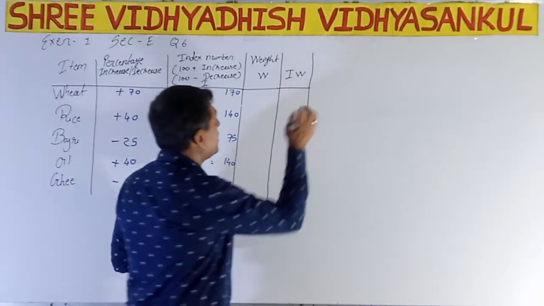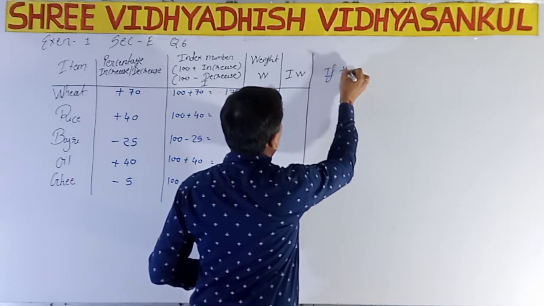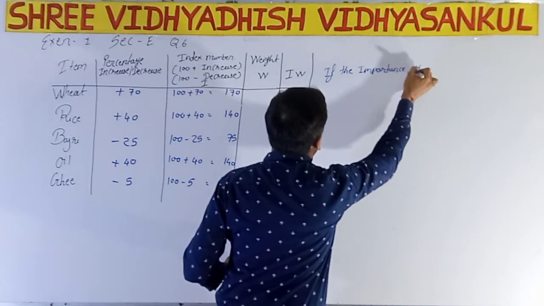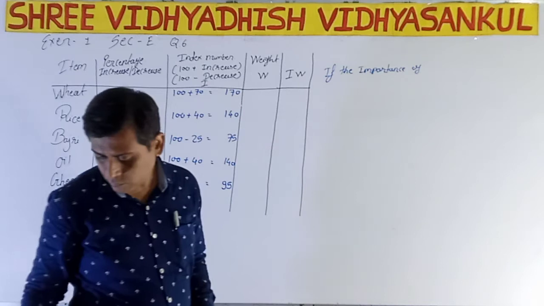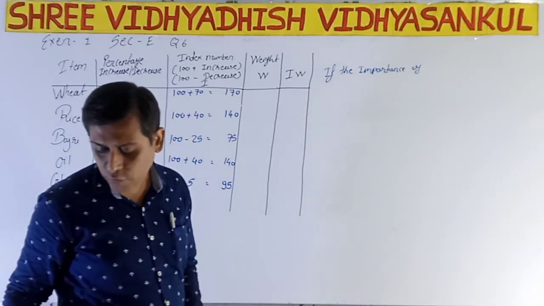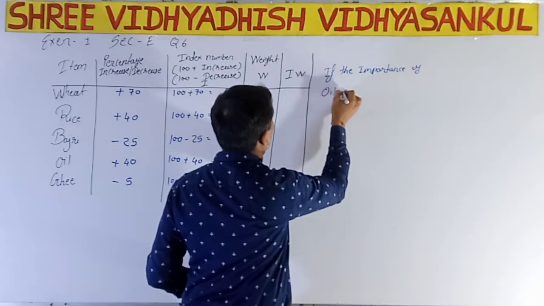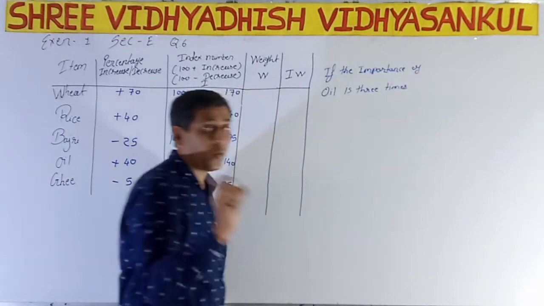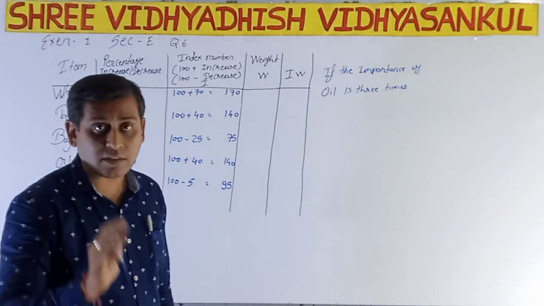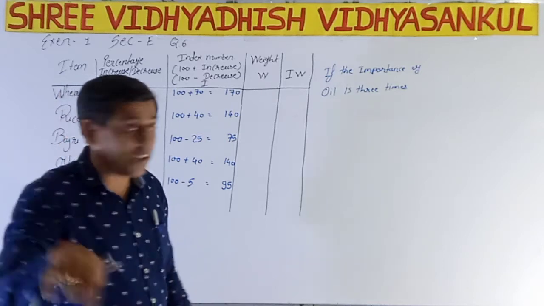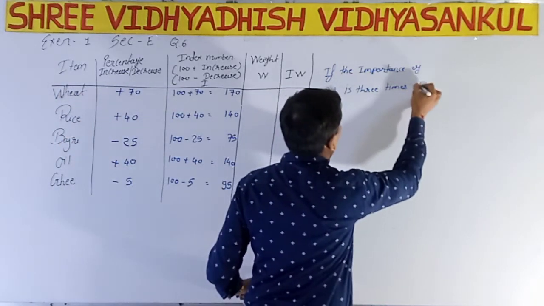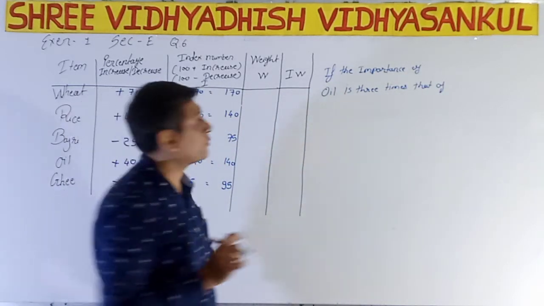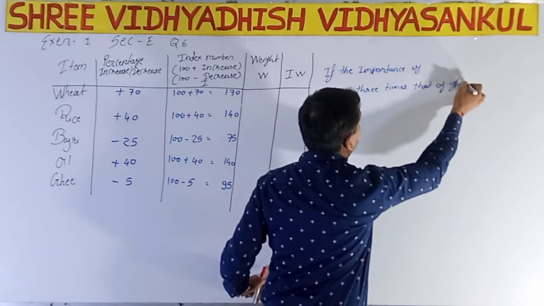If the importance of oil is 3 times, now cut the words "and of rice is double". Cut that. That of, now continue, that of ghee. So here 2 sentences are there.